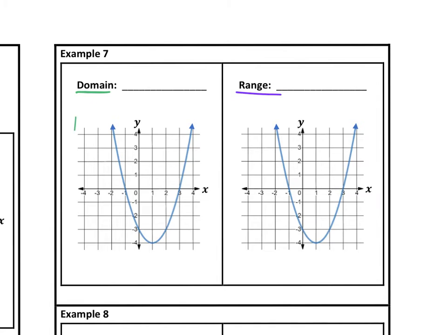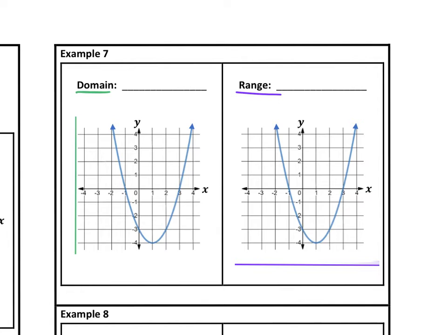For domain, I'm using a vertical line, and for range, I'm using a horizontal line. And I like to make sure the lines are as straight as possible.